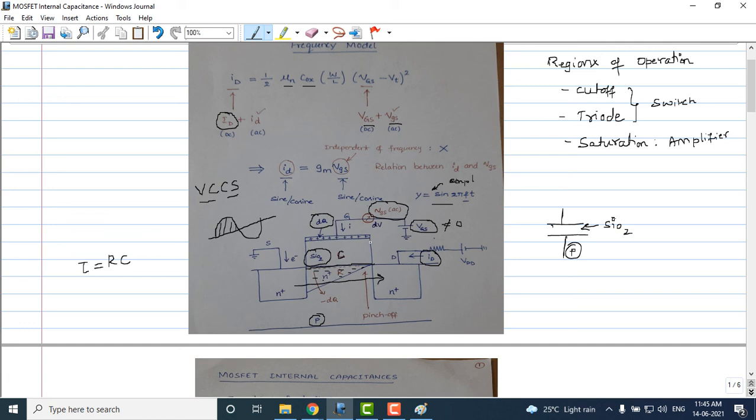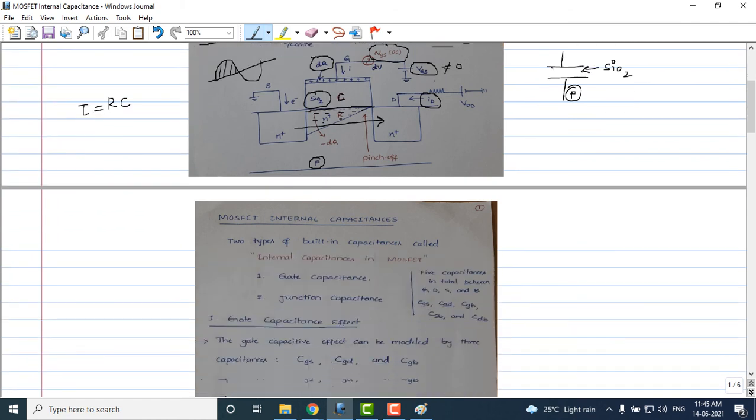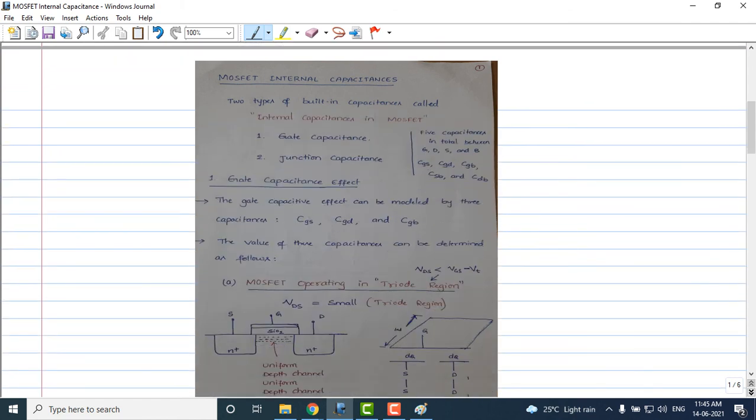Now let's come back to the point here. What are the MOSFET internal capacitances we have seen? There are two types of built-in capacitance within the MOSFET itself. For the time being, you can keep aside the amplifier circuit and discuss the MOSFET alone. When we see the MOSFET alone, there are two types of capacitance.